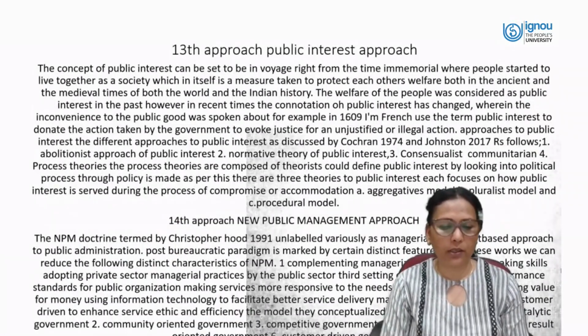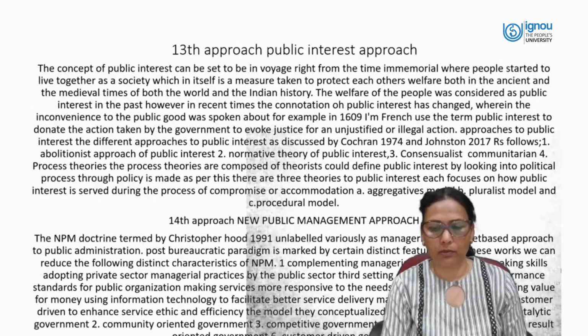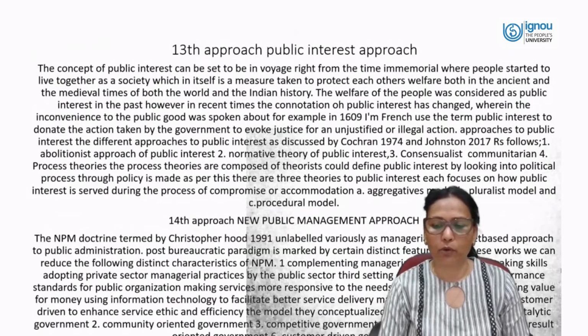I'll just quickly go through the 10 forms of new public management approach.